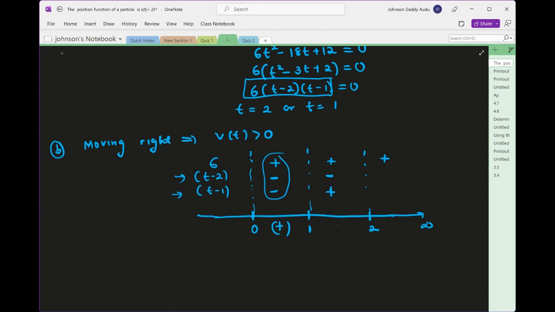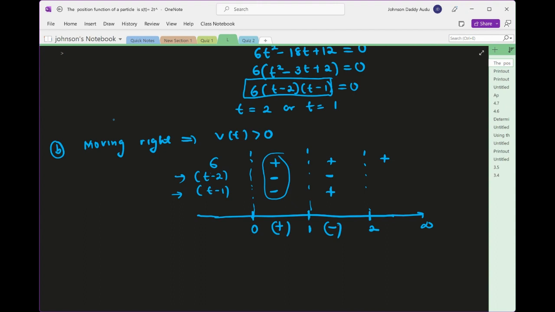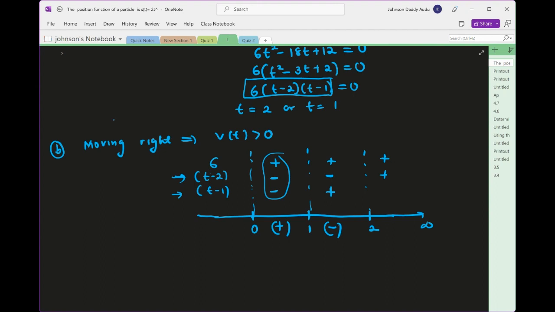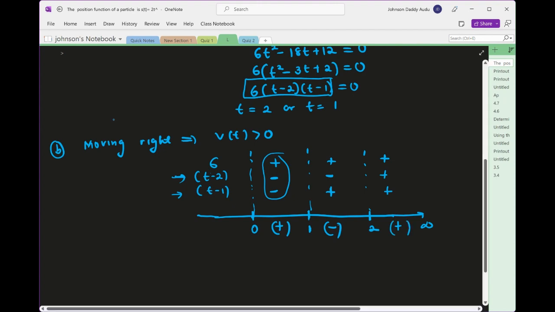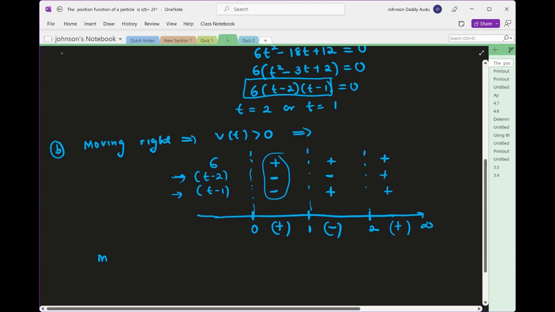So we have positive, negative, positive. The result will be negative. Then between 2 and infinity, we take 3. 3 minus 2 is positive, and 3 minus 1 is still positive. So here it's positive.